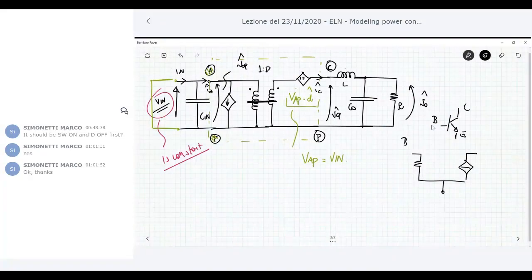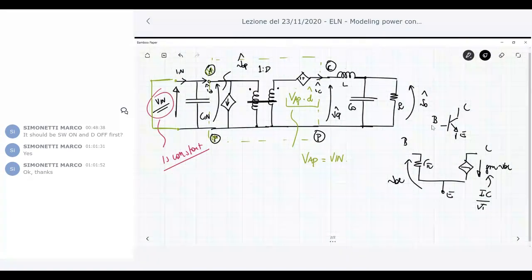For example, this is RP, and this is GM VBE. And GM is a parameter defined by IC divided by the equivalent voltage. But IC is a constant value, derived from the DC operating point. The same occurs here.